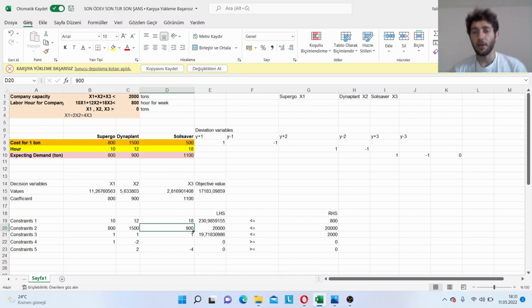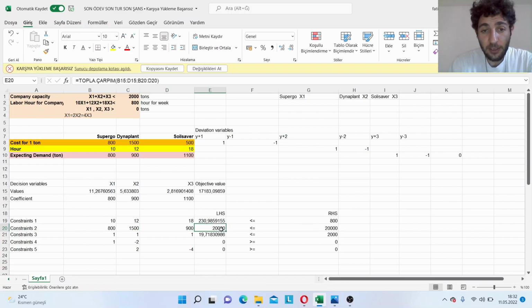All of them must be less than or equal to $20,000. And for this we need to use again B15 and D15, and the other part is B20 and D20.